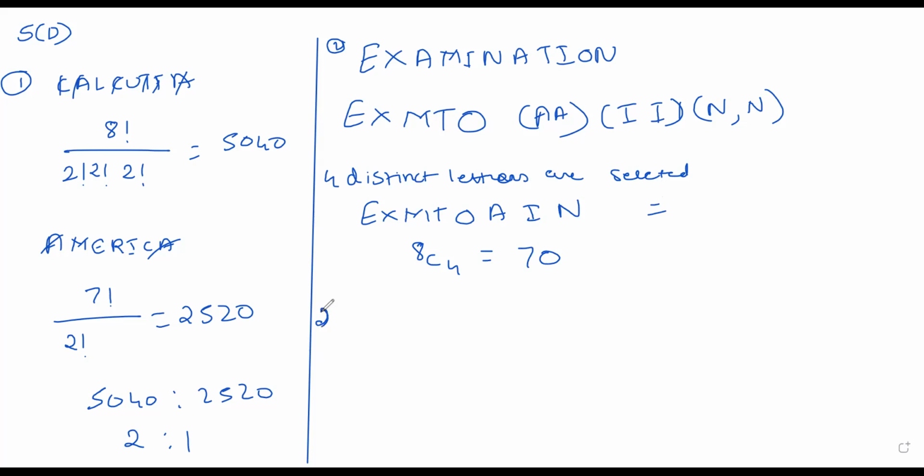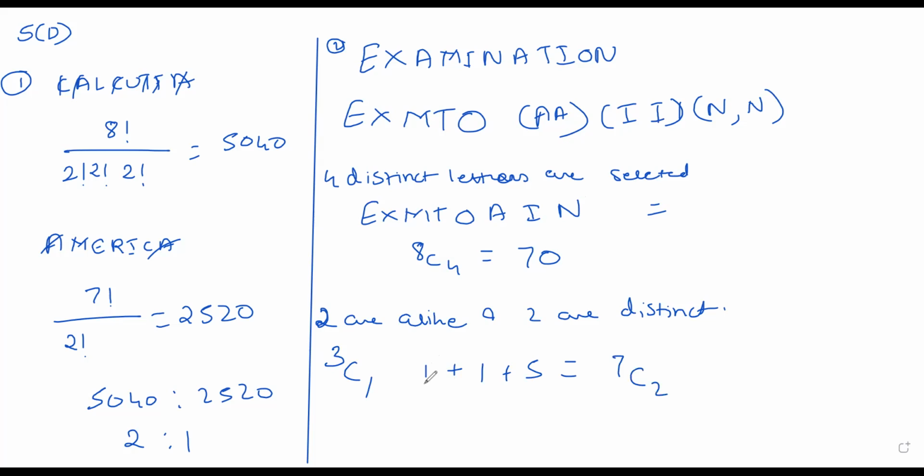या फिर 2 अलाइक, and 2 are distinct. 2 अलाइक है मतलब मैं ये तीनों में से किसी भी एक को सिलेक्ट कर लूं in 3C1 way, और बाकी के जो 2 है वो डिस्टिंक्ट होने चाहिए। तो इनमें से जो एक सिलेक्टेड है वो छोड़ के बाकी इसमें से मैं एक एक ही ले लूंगी, प्लस दिस 5। तो ये हो गए 7। 7 में से अब मुझे 2 ही सिलेक्ट करने हैं, 21 ways.